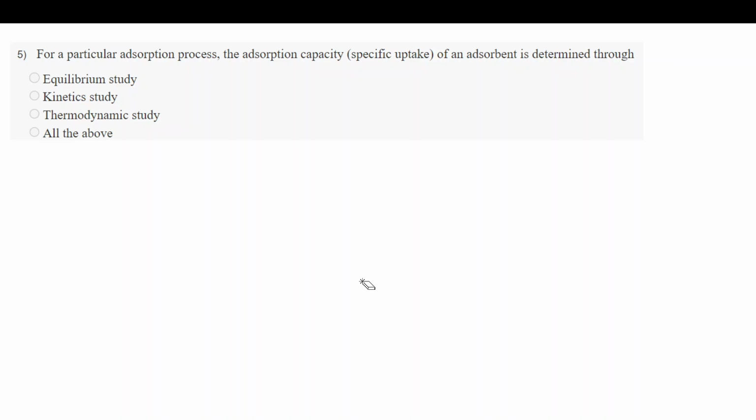Yeah, so next question is: for a particular adsorption process, the adsorption capacity or the specific uptake of an adsorbent is determined through dash.